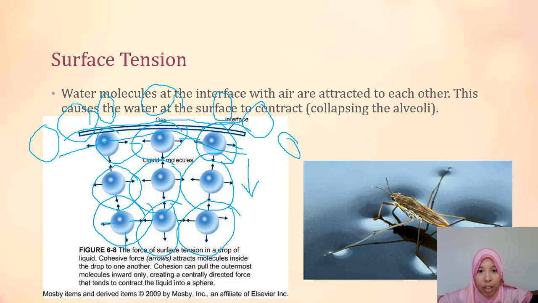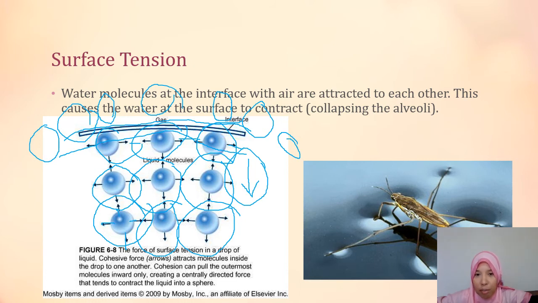This only happens at the surface because there are no other water molecules above, right? They try as best as they can to stick together. So you have a total force going down, and that force is tight, and the water molecules tend to hold tightly to one another, especially at the surface.